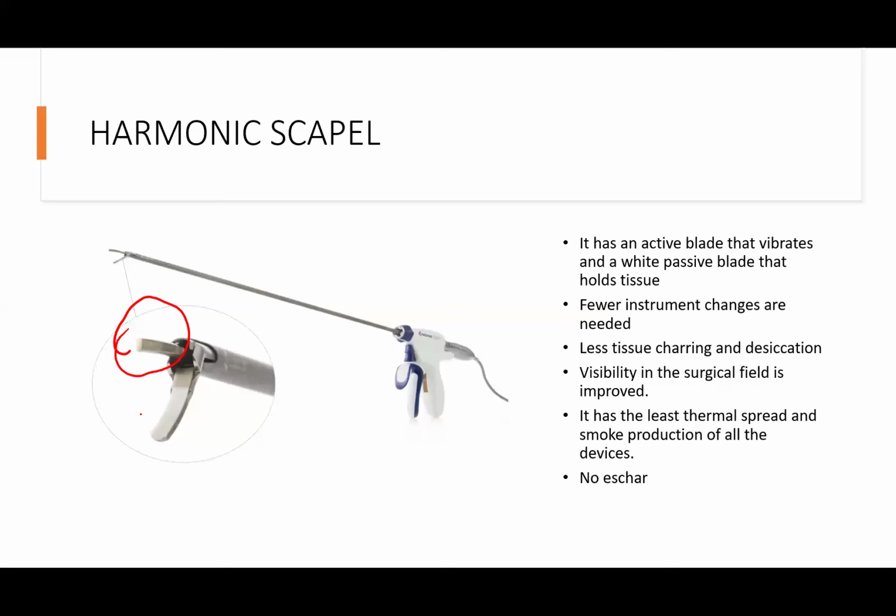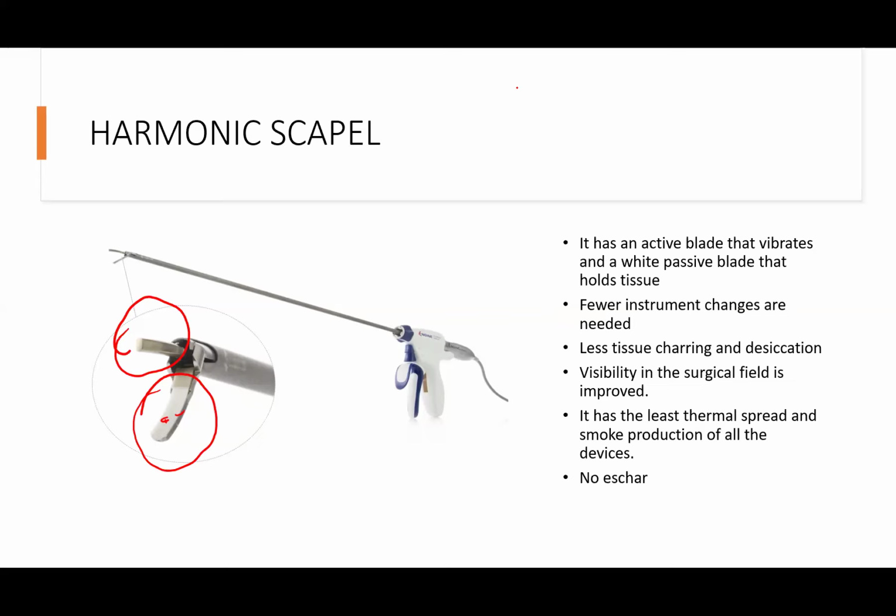This other white one is called the Teflon jaw, or the jaw that just holds. So this is the one that vibrates while this holds the tissue in place, and the vibration will cause the effect. It has an active blade that vibrates, and a white passive blade that holds the tissue.